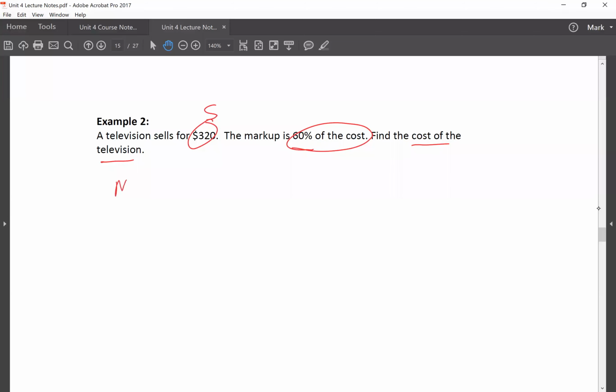My markup, turn this into an equation and look at what you get. Markup is 60% of, which means multiplied by the cost. And the question is asking me to find the cost of the television. Well, I know that the selling price is equal to the cost plus the markup, but I'm missing a lot of information here.